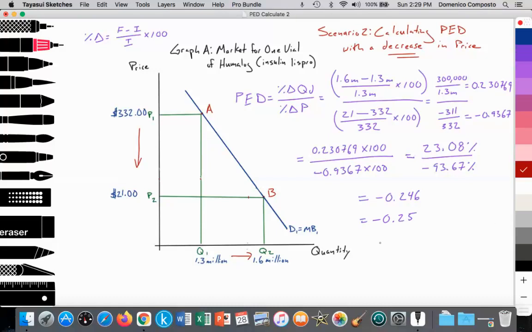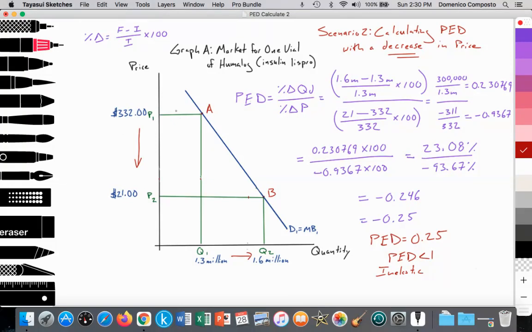So essentially, PED is equal to, if you look at the absolute value, 0.25. So PED, again, less than 1, it's inelastic. Okay? So that would be how you would calculate it.